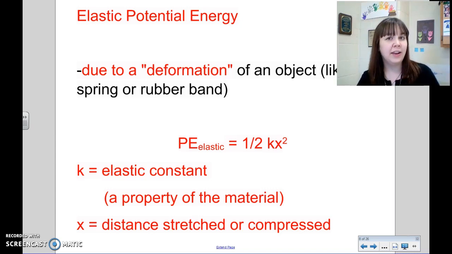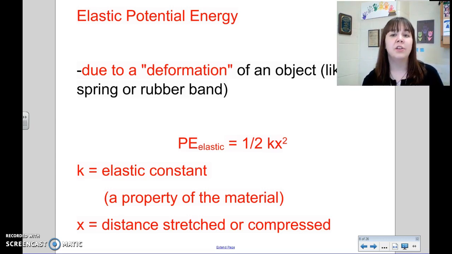And we can calculate elastic potential energy by using K, the elastic constant. That's a property of the material itself. Some things stretch and bend more easily than other things do. And X, which is the distance that is stretched or compressed. The more you bend it, the more you stretch it, the more you push it, pull it, the more energy it's going to store.